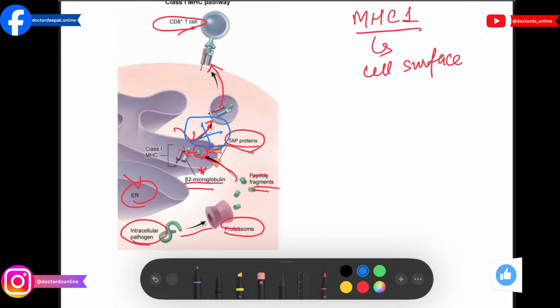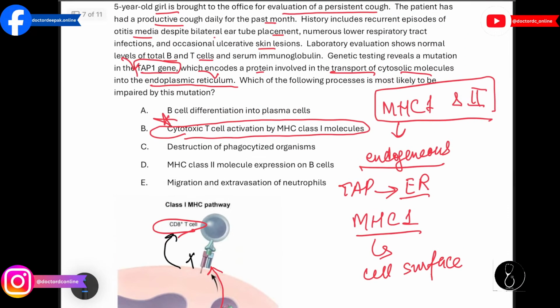So if this process is impaired, then MHC1 will not present to CD8 cells. So our answer will be cytotoxic T cell activation by MHC class 1 molecules. Understand?